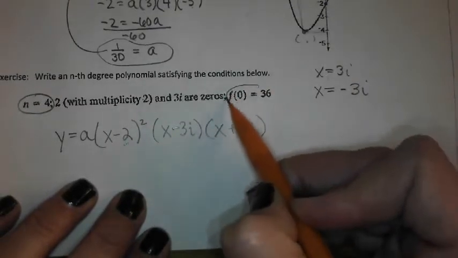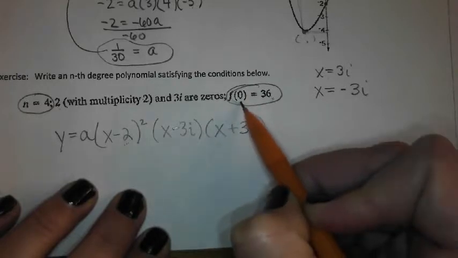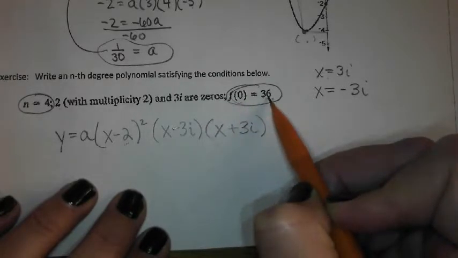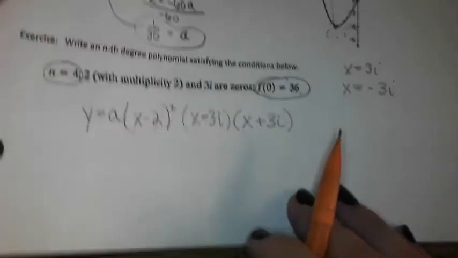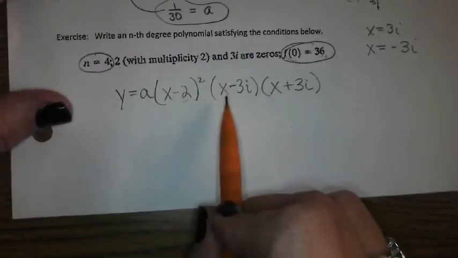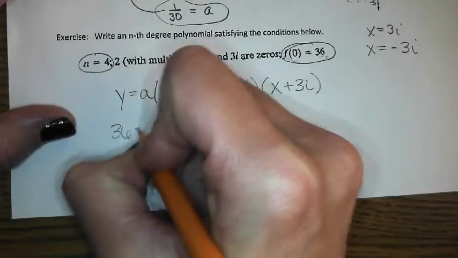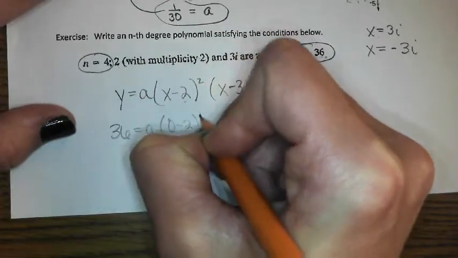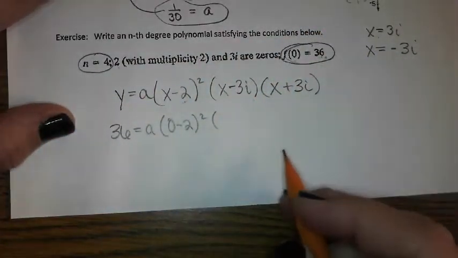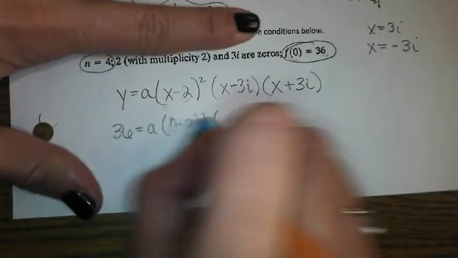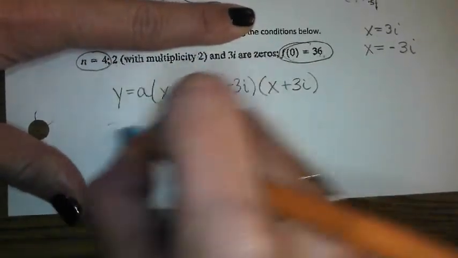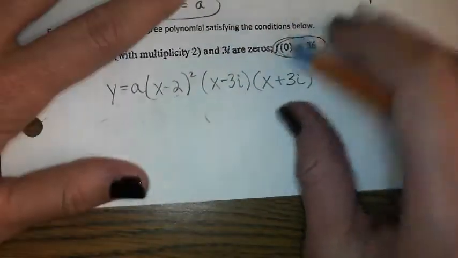And of course here they're giving us the point 0, 36. So we would plug in 0 as our x and 36 for our y. Ooh, or would we? I don't want you to plug in the point right away, right? I told you that because when I plug it in with imaginaries, that's going to get crazy.